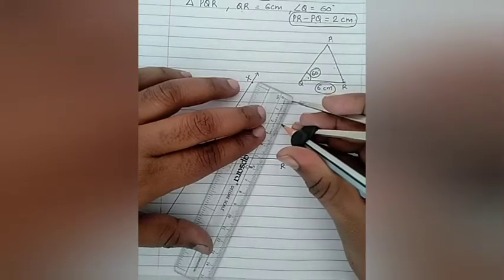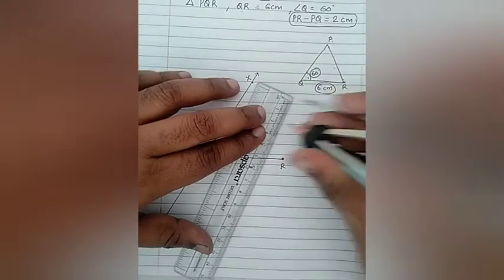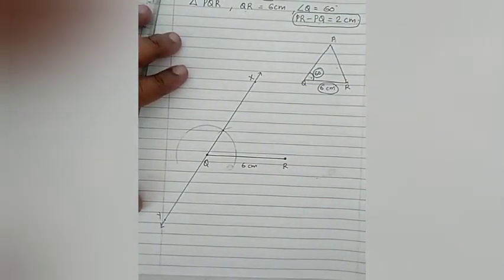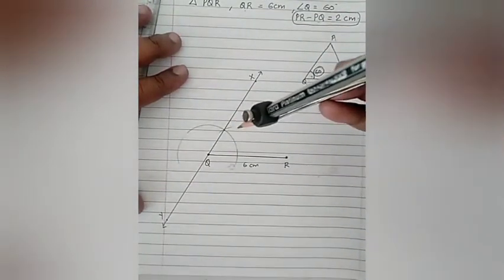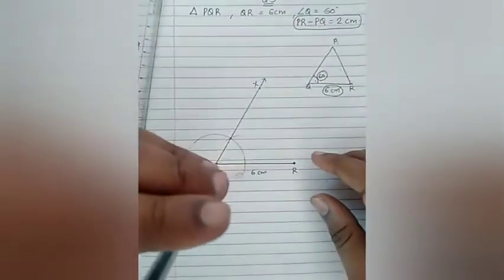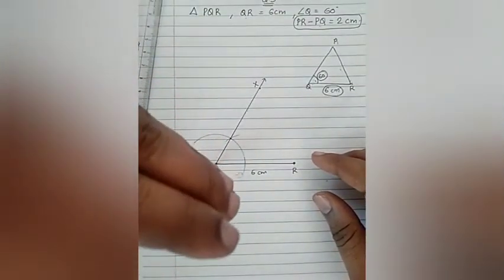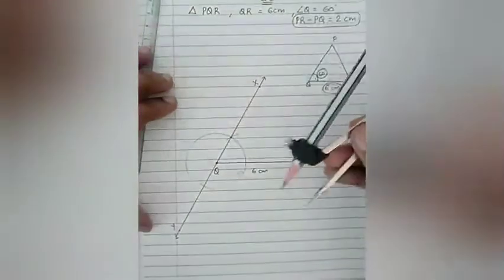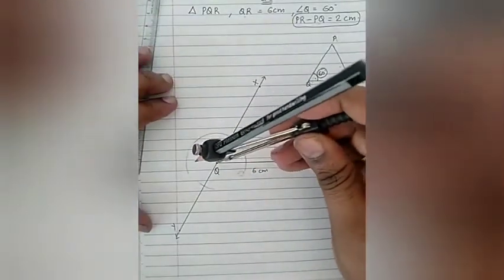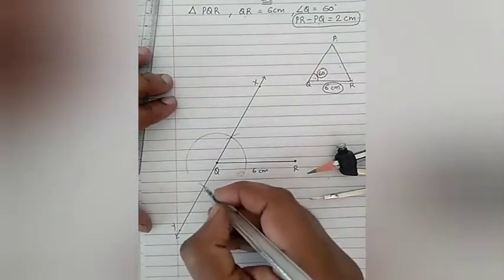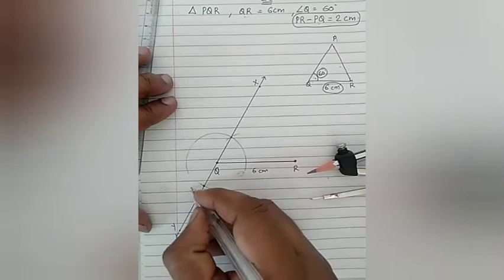Okay, this is 2 centimeter, as you could see, and then draw an arc of 2 centimeter on ray QY. Here it is. On ray QY, I have constructed an arc which is equal to 2 centimeter. Now let me name this point Z.